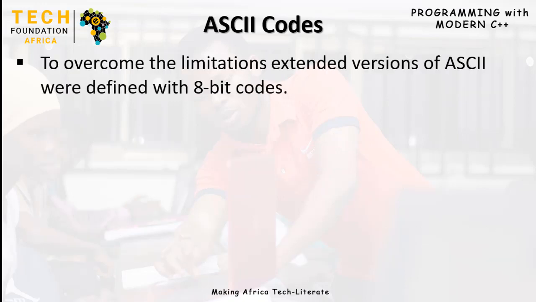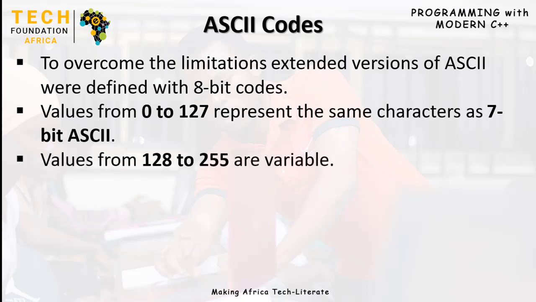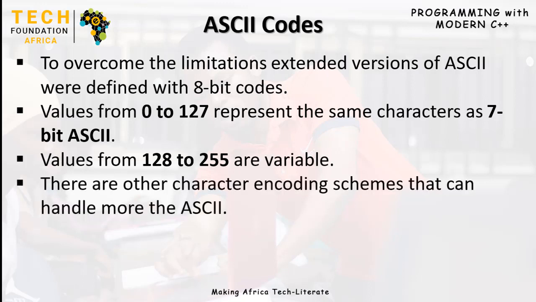So to overcome these limitations imposed by the 7-bit code, an extended version of ASCII was defined with 8-bit codes, an 8-bit string of binary digits. Values from 0 up to 127 still represent the same characters as they do in the 7-bit ASCII scheme, but values from 128 to 255 are variable.